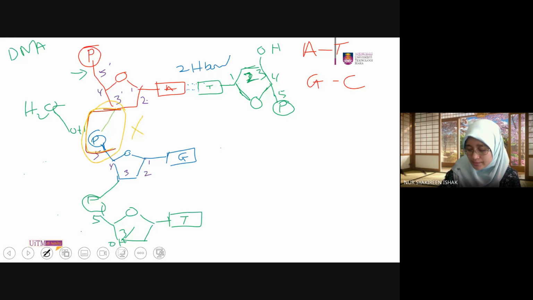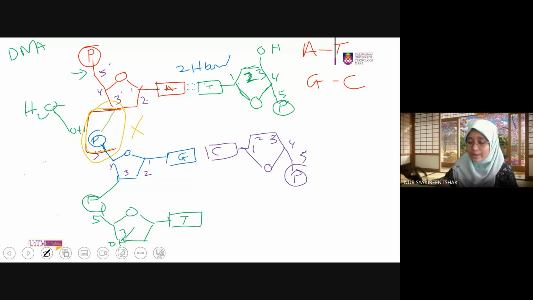Cytosine, the base, is bonded to the 5 carbon sugar. Draw it upside down. Carbon number 4, number 5, and its phosphate. So carbon number 1, number 2, number 3, number 4, number 5, with its phosphate. Here the bond is between carbon number 3 and the phosphate of carbon number 5 of the previous nucleotide.